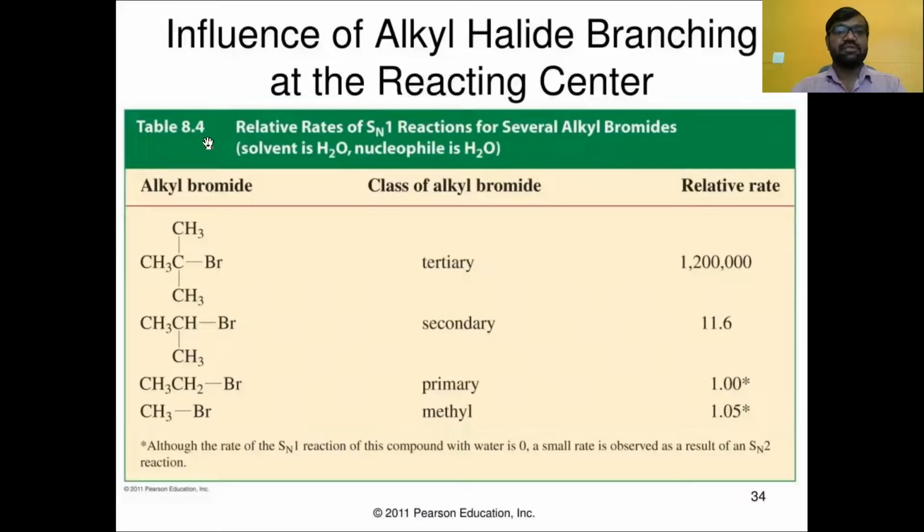As we have seen in the case of SN2, a similar diagram is also available for the SN1 reaction, where the reaction is faster. As you can see, if we consider methyl bromide or primary or methyl alkyl halide, the rate of the reaction is much faster with tertiary alkyl halide, and that is roughly 10 times higher than primary, in the case of secondary alkyl halide.